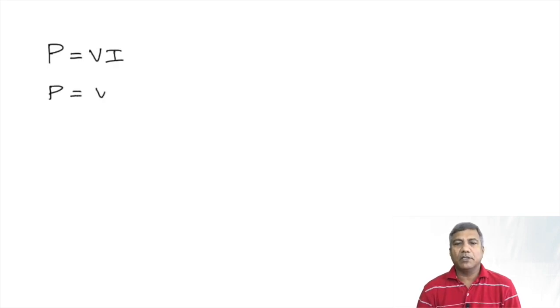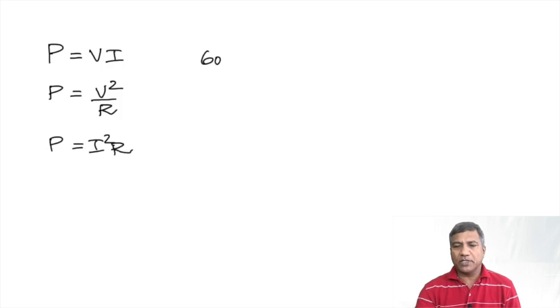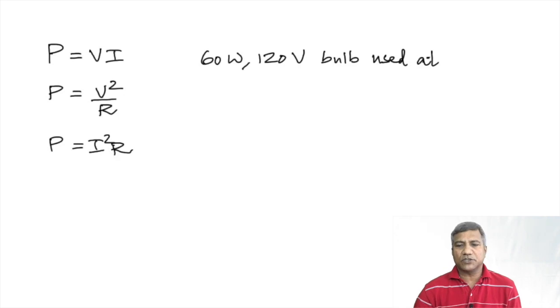In the next question, let's talk about power. Now power is given by three formulas, but basically power is the product of voltage and current. Power can also be the square of the voltage divided by resistance, or it can be the square of the current multiplied by the resistance. So let's assume there is a 60 watt light bulb which uses 120 volt, and we're trying to use this bulb at 240 volt.